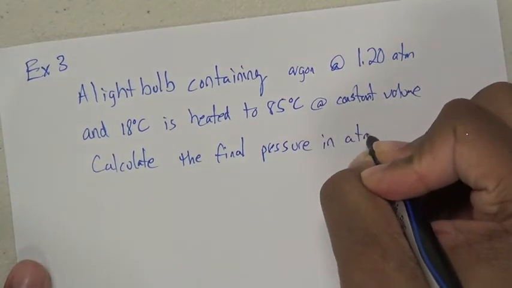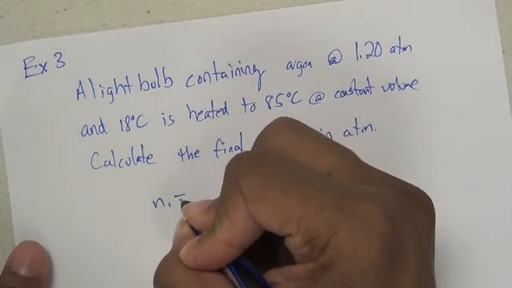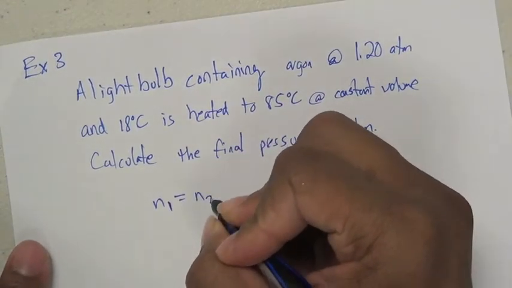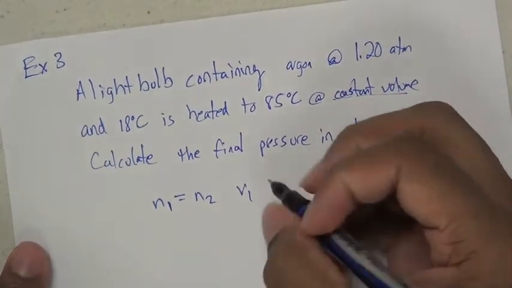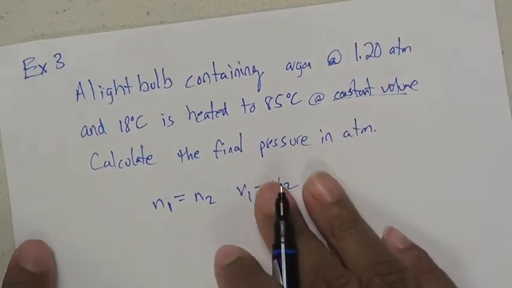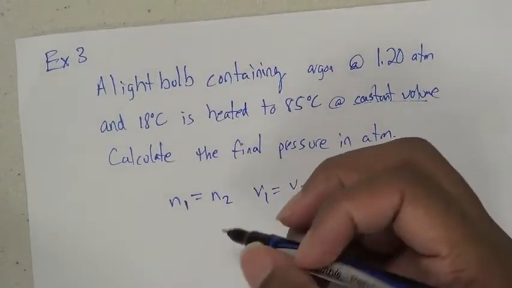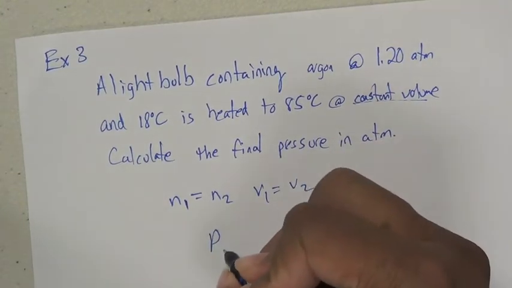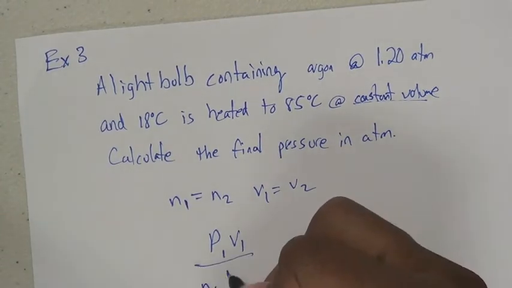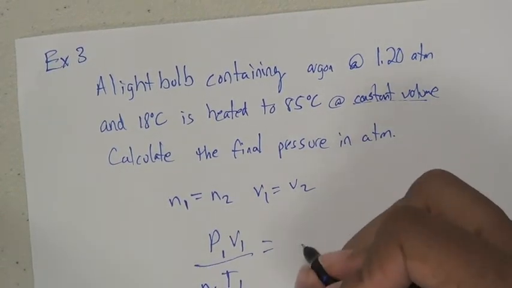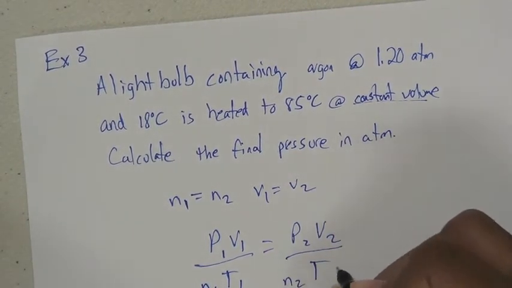Alright, so the initial moles and the final moles are going to be the same. And constant volume means V1 is equal to V2. So we can exclude those from the formula. Our initial formula was P1, V1, moles N1, T1, temperature initial, equals P2, V2, moles N2, T2.